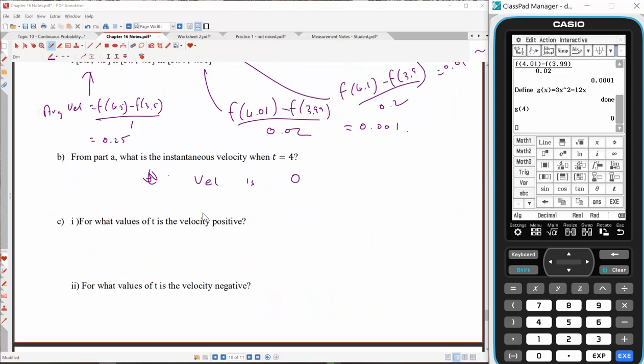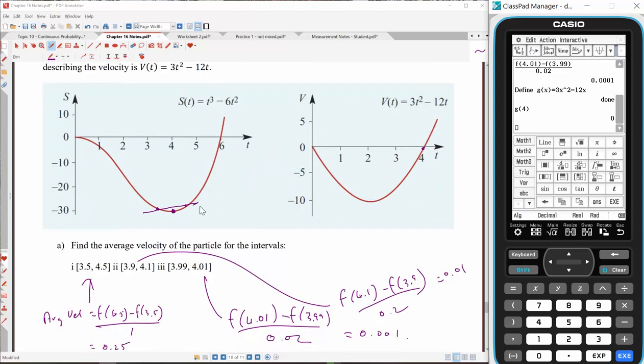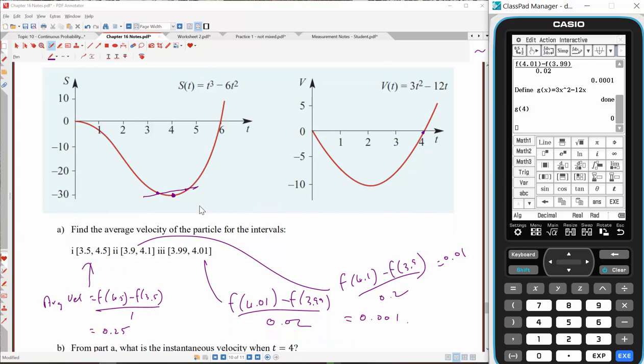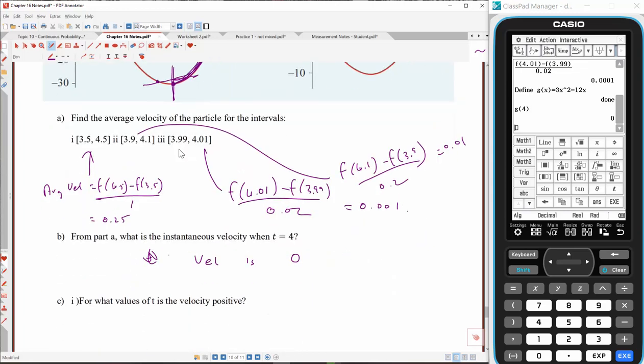For what values of t is the velocity positive, i.e. when am I going to get a positive velocity? The times I'm going to get a positive velocity is when I've got a positive gradient, and that's going to be from here onwards. All the values here, I've got a positive gradient, and that indicates that I've got a positive velocity.